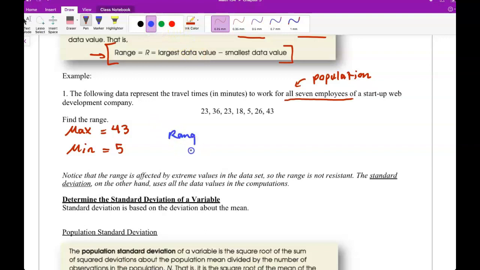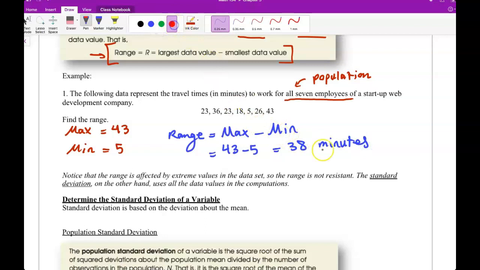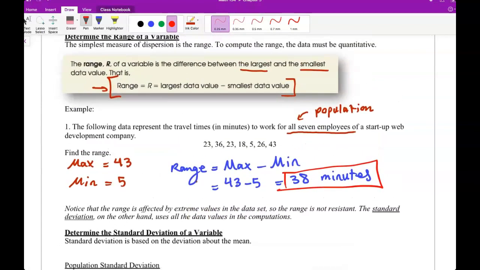Now range is maximum minus minimum. So it's 43 minus 5, that's equal to 38. So this is our range. This is the maximum value and this one is the minimum.